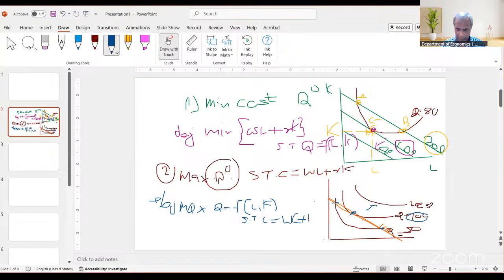Now you can notice that either way, no need to do both ways, producers reach this optimal point here.